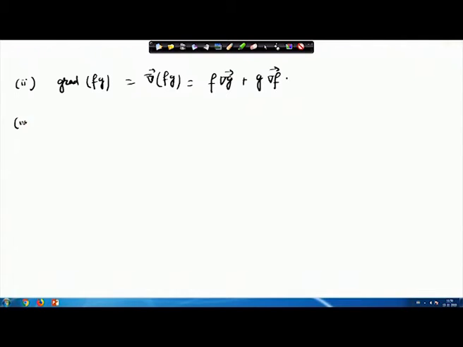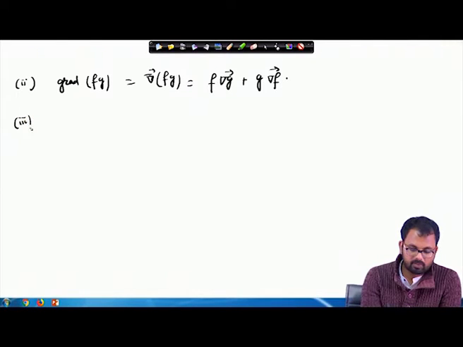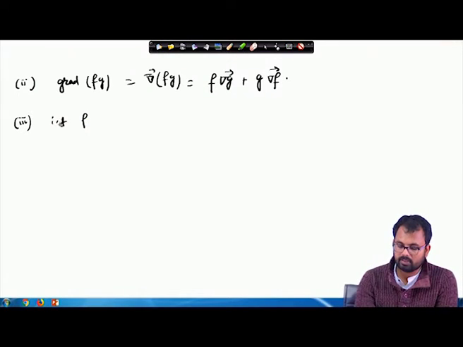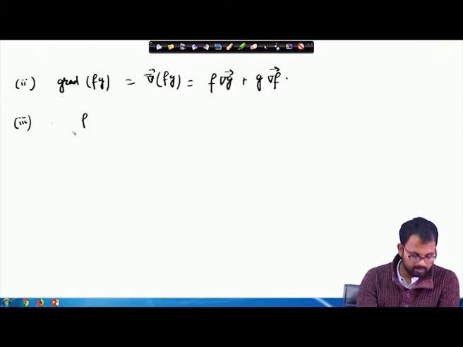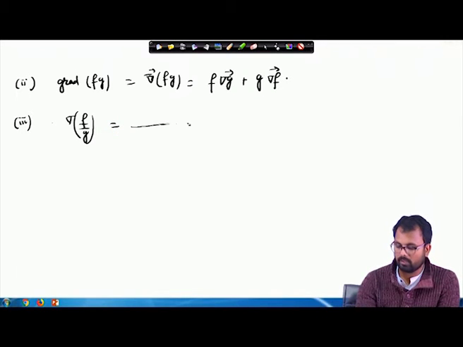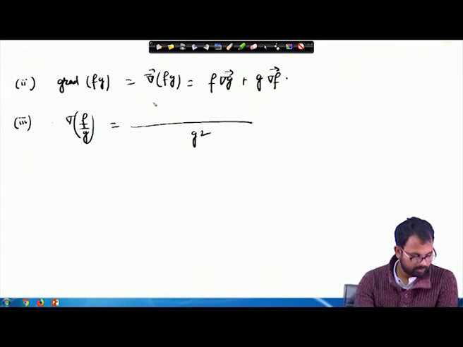The third property is: let f and g be two scalar functions such that the gradient of f and gradient of g exist. Then we can write the gradient of the quotient. So, the gradient of the quotient would be (g times gradient of f minus f times gradient of g) divided by g square.